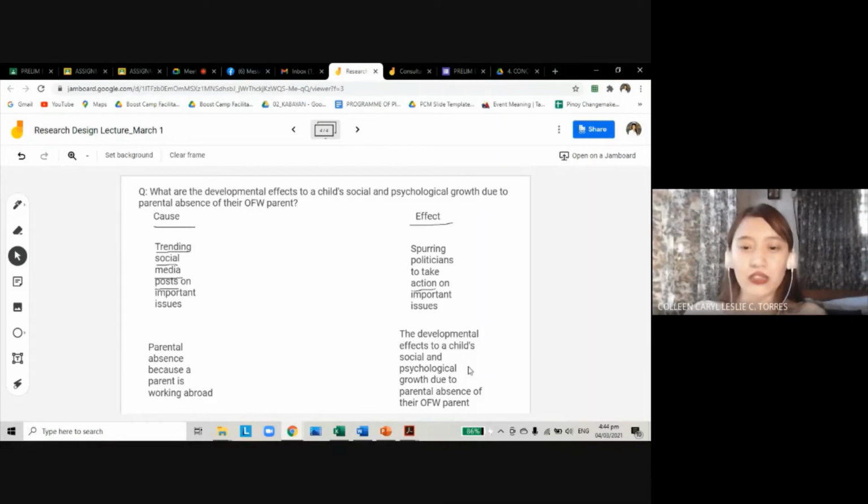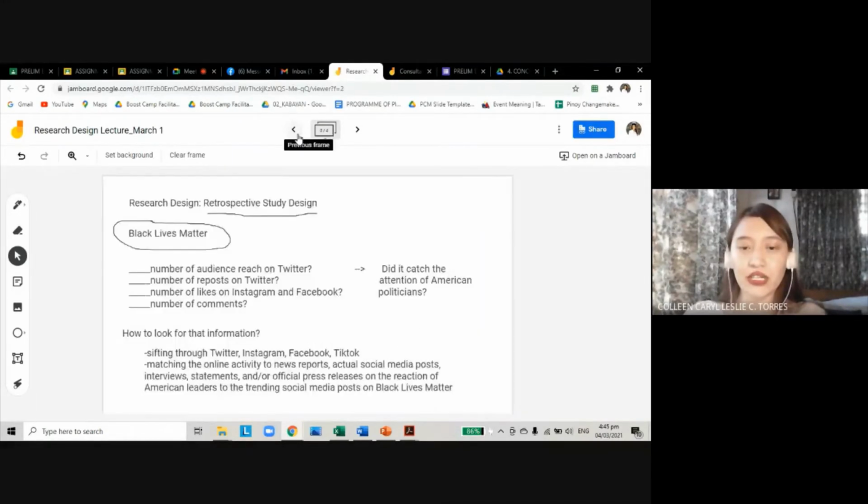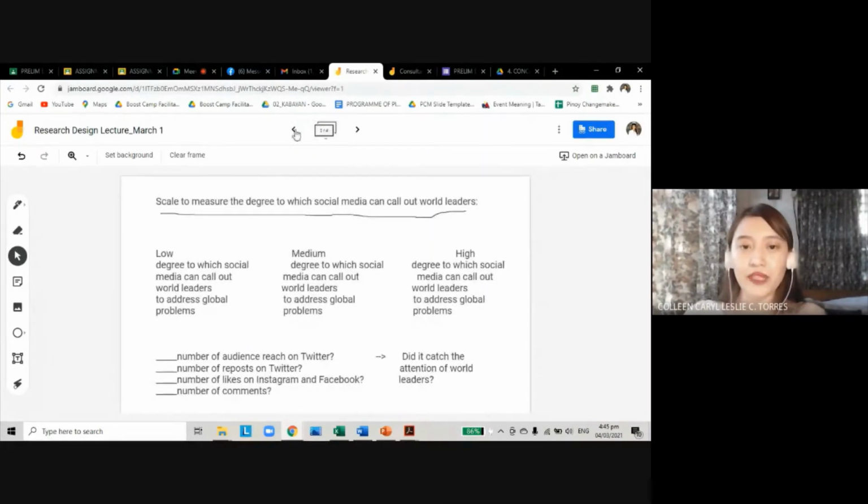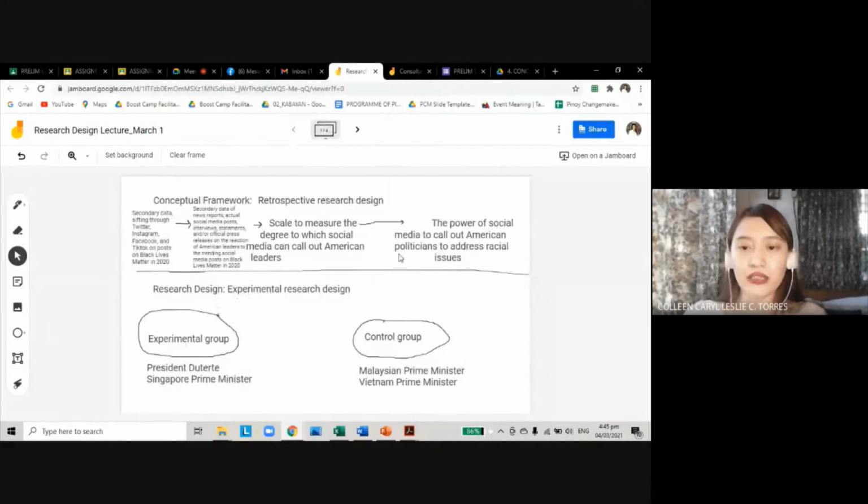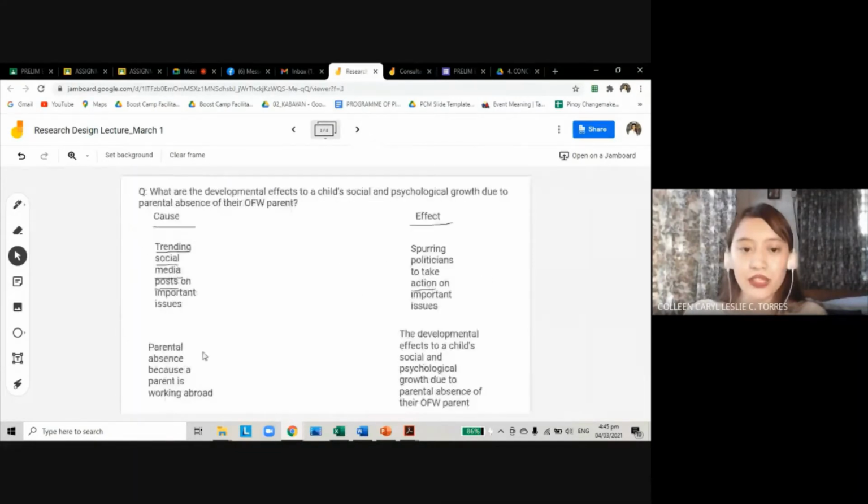Yeah, basically, so kung diri pa nga scheme, kani siya ang that box would go here. But in any case, the cause is the absence of the parent. So I believe this would be the independent variable, no? Since we're determining the absence of the parent during childhood, then the effect would be the developmental effects to a child, no, when the parent is absent.